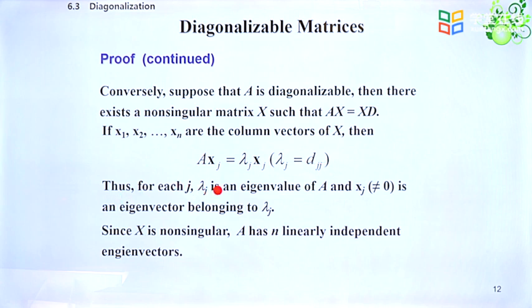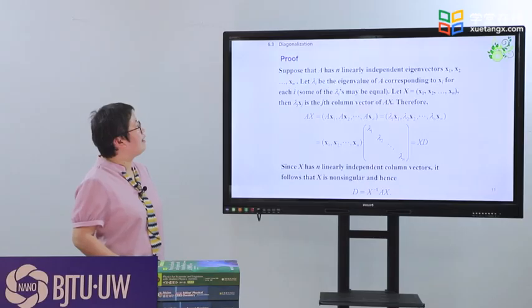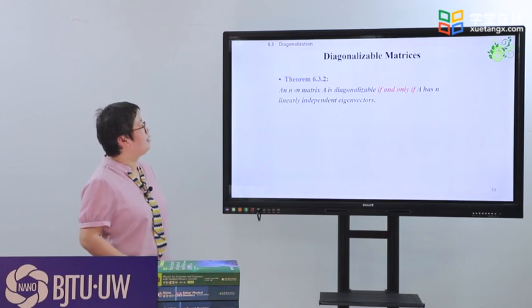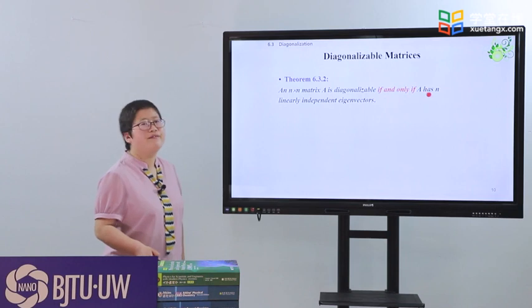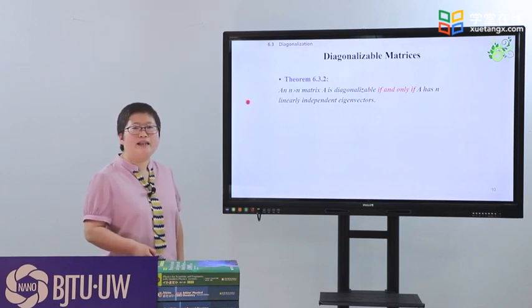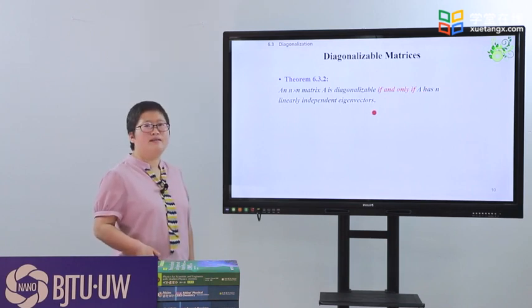Thus, for each j, lambda j is an eigenvalue of A, and xj, not equal to 0, is an eigenvector belonging to this eigenvalue lambda j. Since X is non-singular, A has n linearly independent eigenvectors. So till now, we have proved this theorem: an n by n matrix A is diagonalizable if and only if A has n linearly independent eigenvectors.